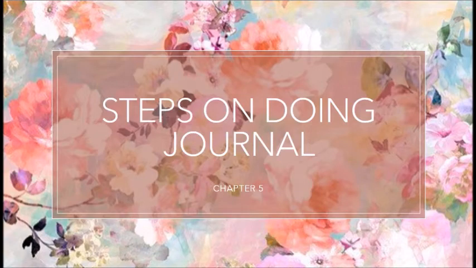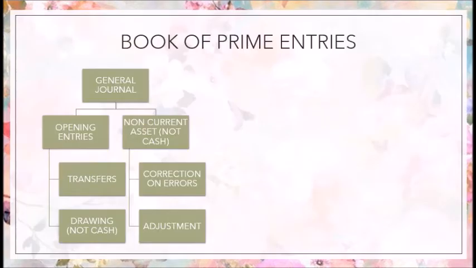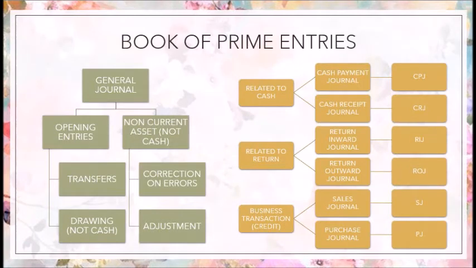Today I'm going to talk about the steps on doing journals. When I say journal, I mean the format in chapter 5. Before going into the working, I would like to explain again what the books of prime entry in chapter 5 are.